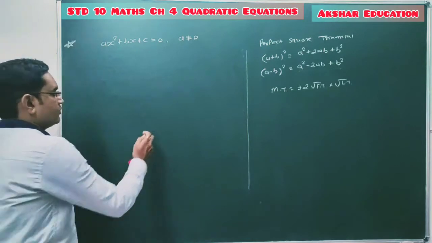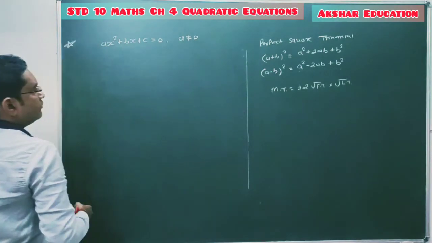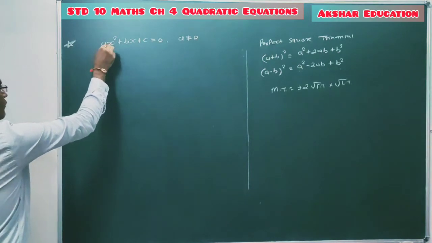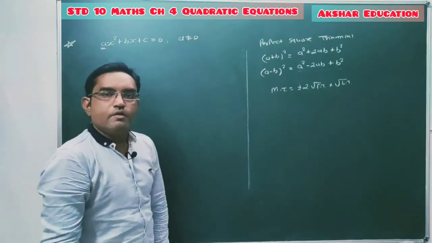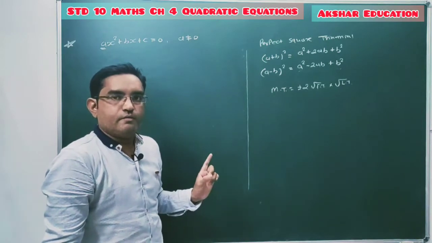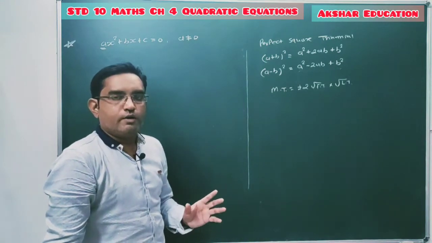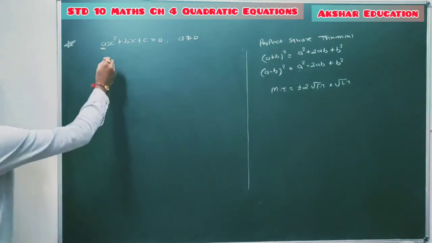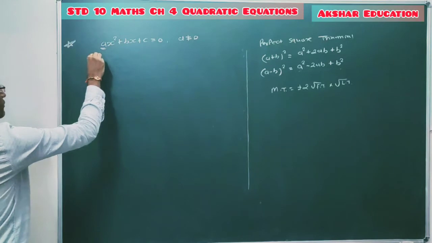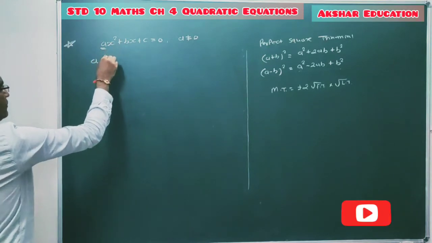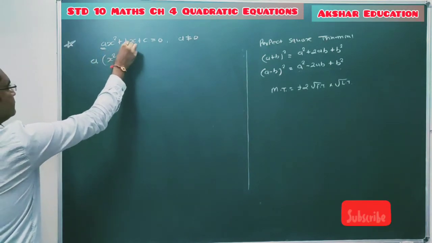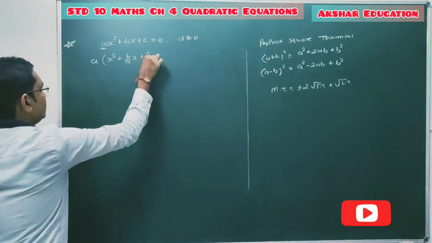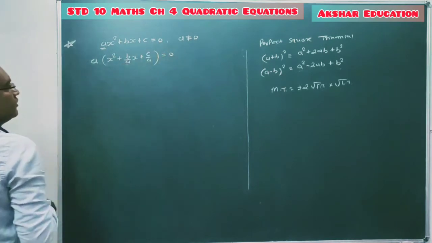So how can we use it? For the first step, for the solution of this quadratic equation, you have to remove the coefficient of x square. The coefficient of x square is a, which must not be equal to 0, so it can be any value. So first we are taking a common. Taking a common, the remaining terms are x square plus b by a x plus c by a, and this is equal to 0.